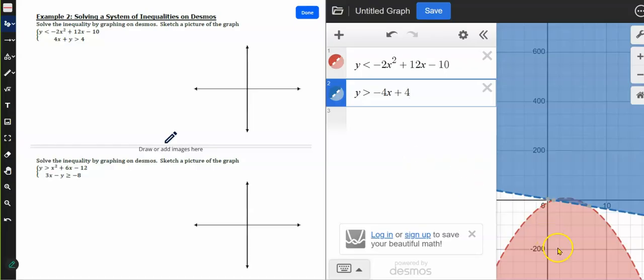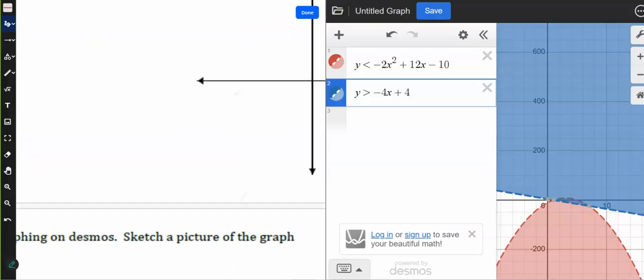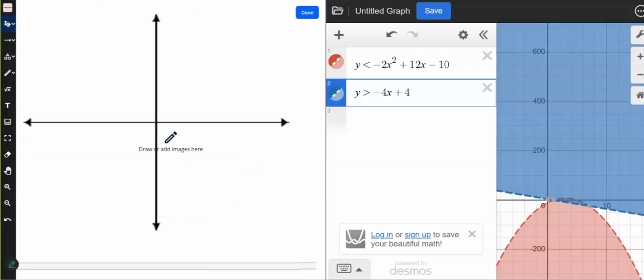Now, what section of this graph? Is it this section out here? Is it this section here? Is it this section in here? Is it this section in here? Or is it this little tiny piece right here in between? And yes, folks, that is the answer to my question. You've got this dashed line thing coming up here.